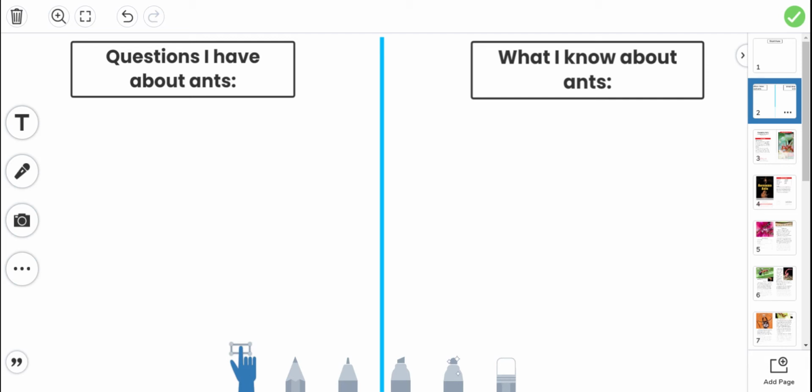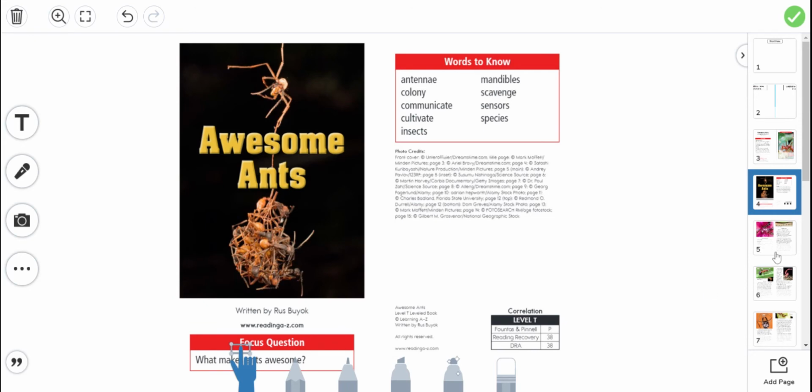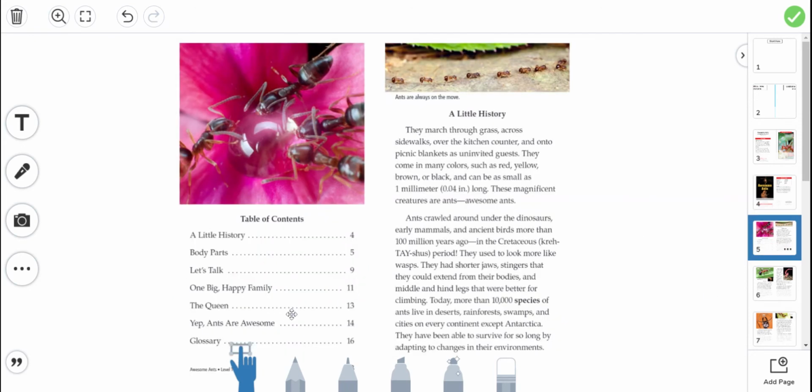Sometimes the information in nonfiction texts is divided into sections, like what we see in our table of contents, and each section contains a main idea and supporting details. So we can look back at this table of contents and notice that each part of the book is going to be about one main idea and going to have different supporting details for that.